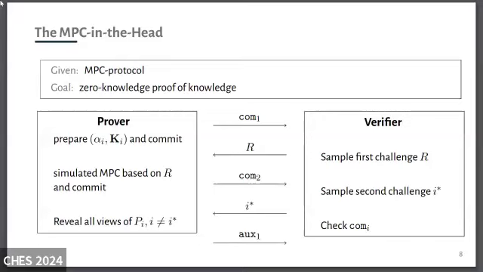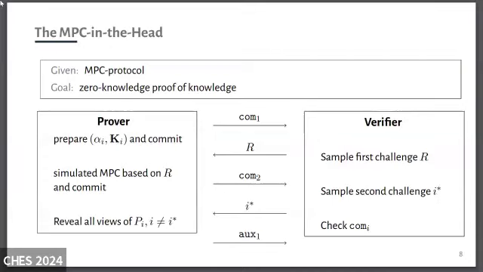This commitment is sent to the verifier, which samples the first challenge R, which introduces randomness to the protocol. With this R, the prover then simulates the MPC protocol and commits to certain auxiliary and internal values, which are sent to the verifier, which samples the second challenge I star.